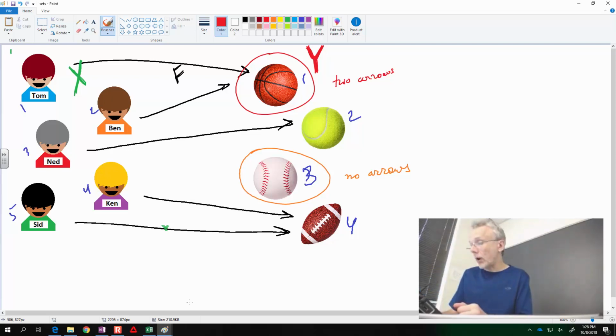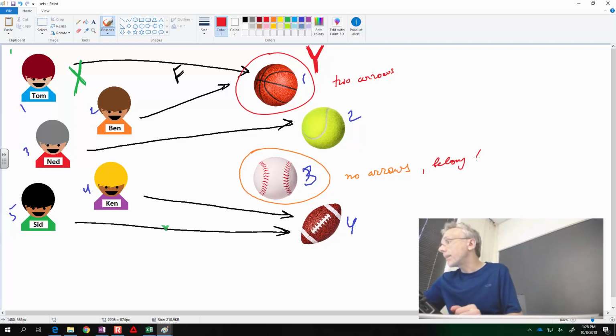So it belongs to the codomain, but not to the range, right?